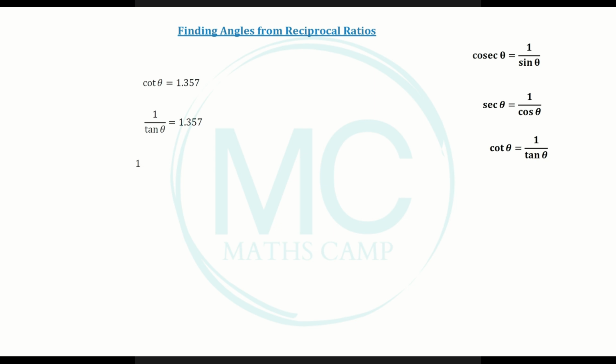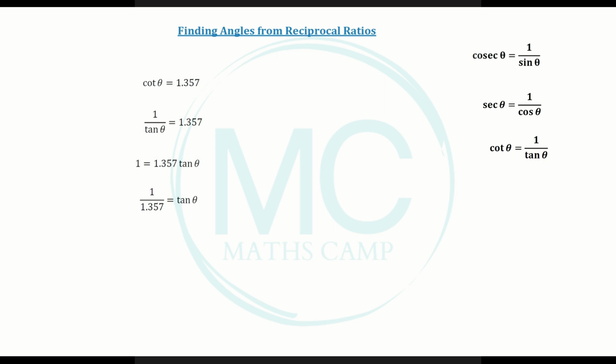And we're left with 1 is equal to 1,357 multiplied by tan theta. Now we need to get our trig ratio by itself. So we have to divide both sides by 1,357. And we get 1 over 1,357 is equal to tan theta.